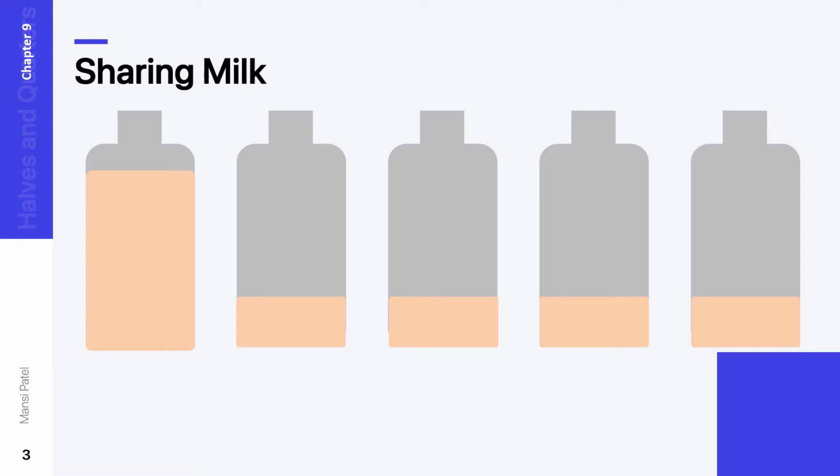So we can say that we are just dividing this 1 liter of milk into 4 different bottles, and in each bottle the quantity is the same. Now how do we know what is the quantity of this milk? So let us see.